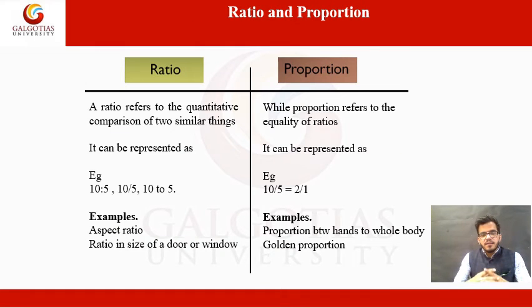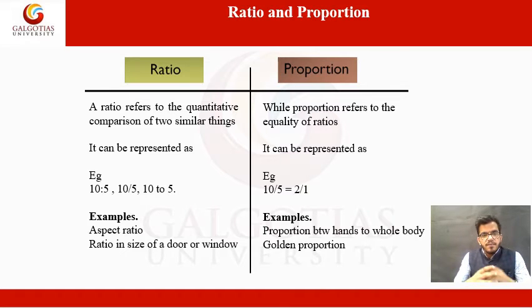So now let us understand the difference between ratio and proportion. We often get confused between the two while designing or while we are creating a composition of different elements together. It is very important to understand that ratio refers to the quantitative comparison of two similar things, while proportion refers to the equality of different ratios.